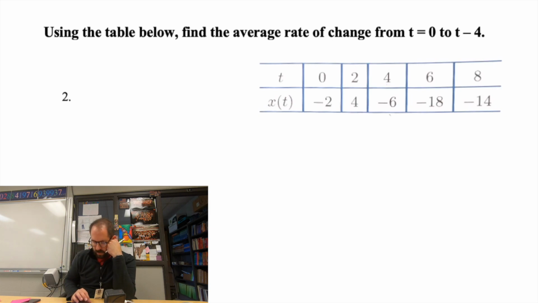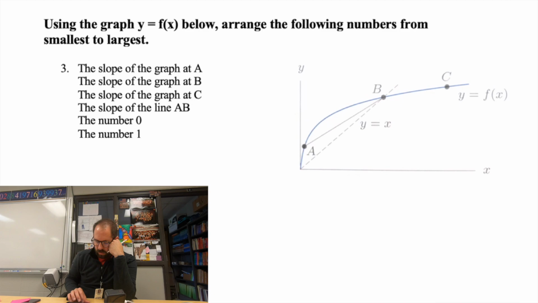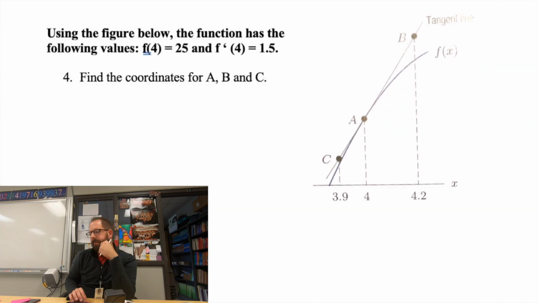The graph for number 1, instead of the limit, there's a graph, and the graph is actually number 4. Oh, that one's our number 1 on the practice guide that you put on.